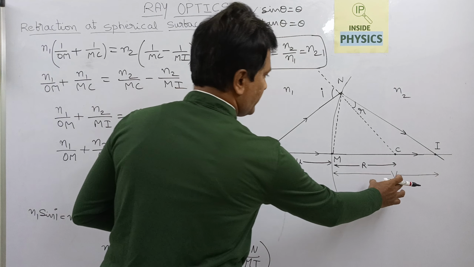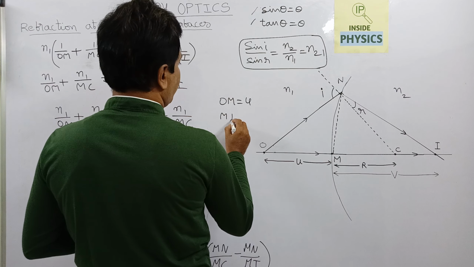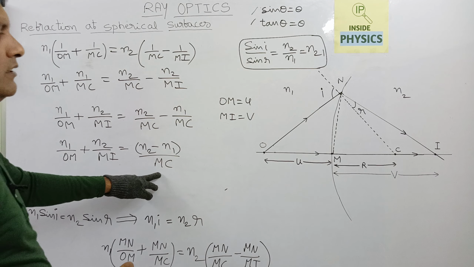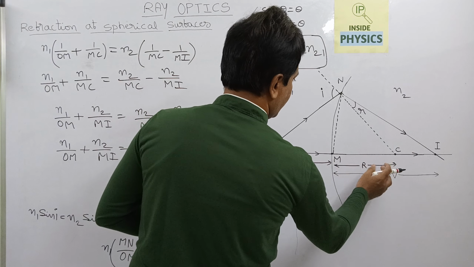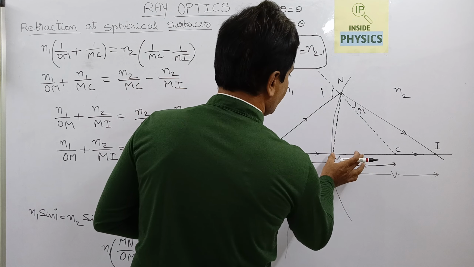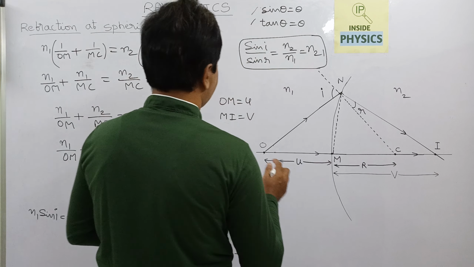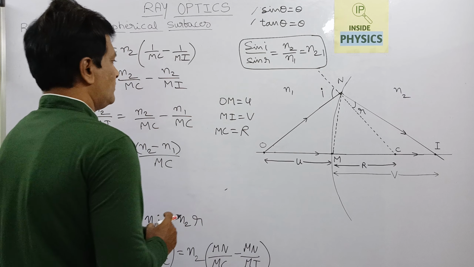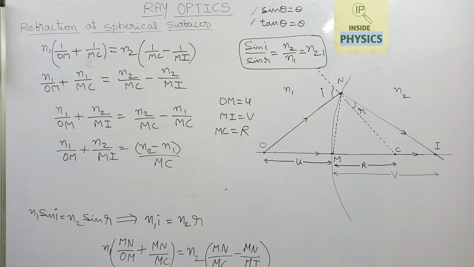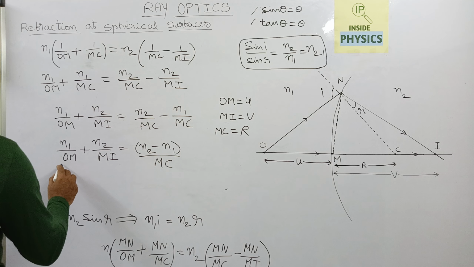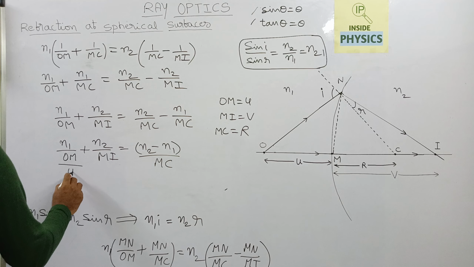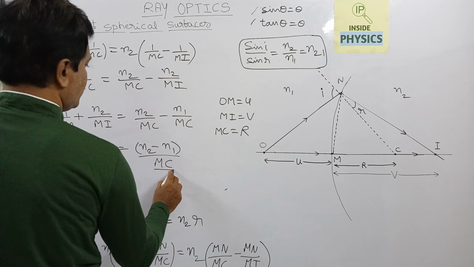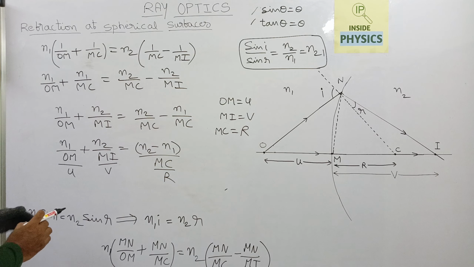MI is nothing but image distance, V. And MC, this is the distance from pole to center of curvature, which is nothing but radius of curvature. Okay. So OM is object distance, MI is image distance and this MC is radius of curvature.